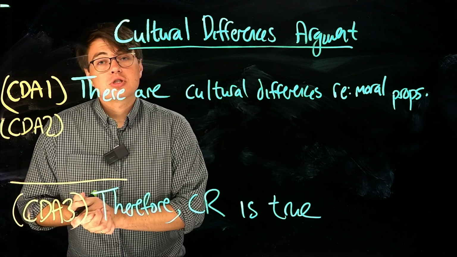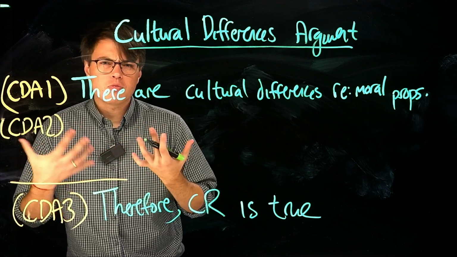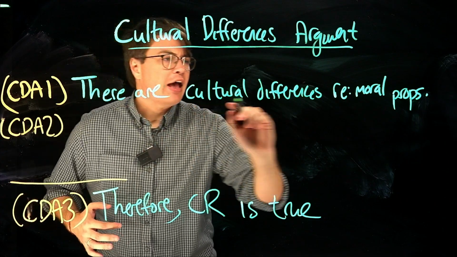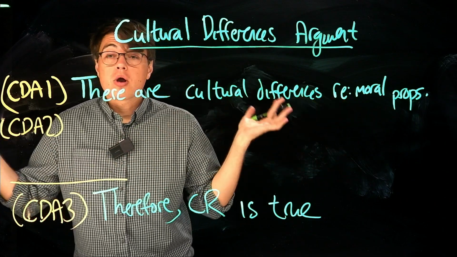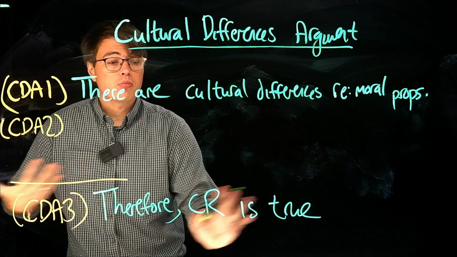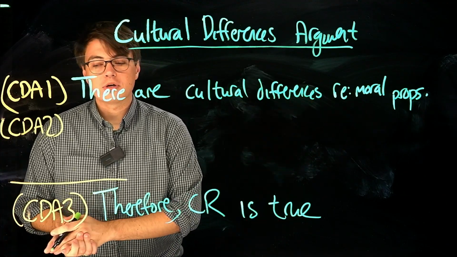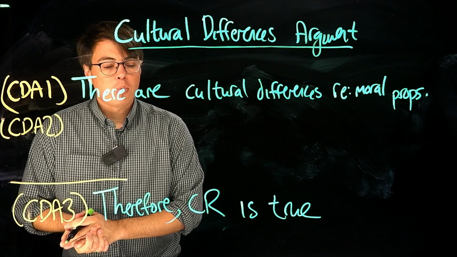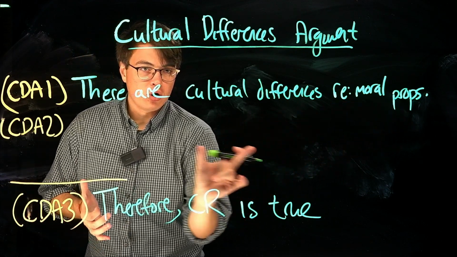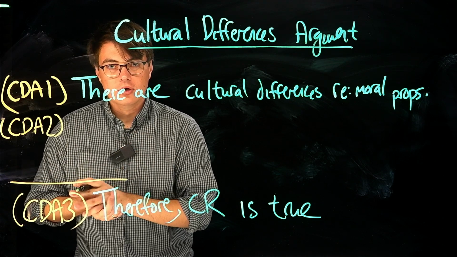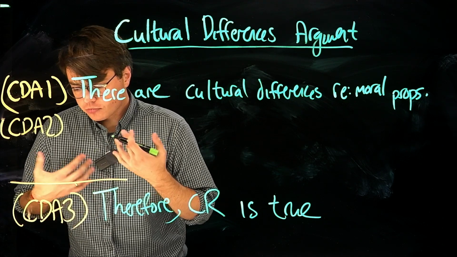The simplest version of this argument, and this is the version that James Rachels works with, just has the single premise: there are these differences regarding moral propositions, and concludes straightforwardly from that, therefore cultural relativism is true, or therefore moral propositions are true or false only relative to a given culture.